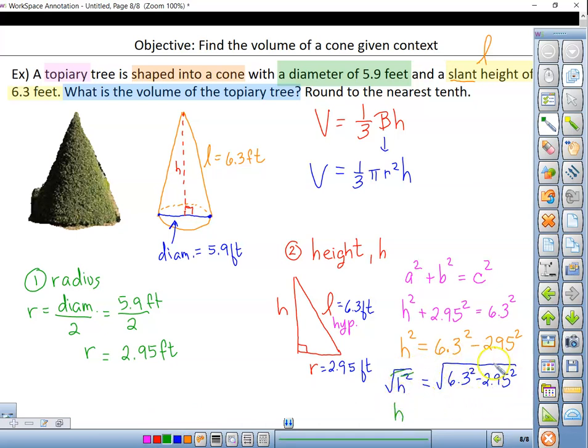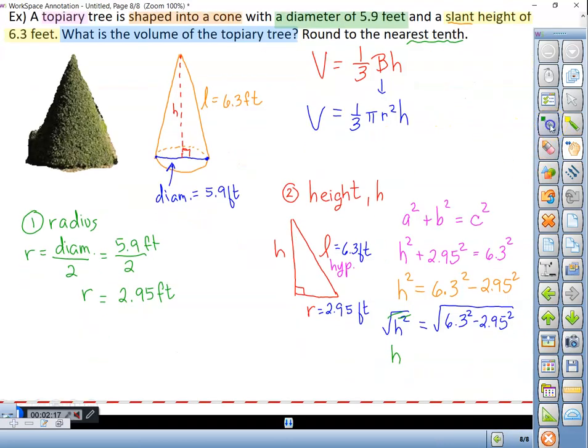And now I'm going to use my calculator on this and figure out an approximation for this. When I do, remember, best practice will be to carry it out a couple of extra places beyond the tenths, because I don't want to round to the tenths for accuracy until the very, very end of the problem. So I'm going to carry it out to the third decimal place, or the thousandths place.